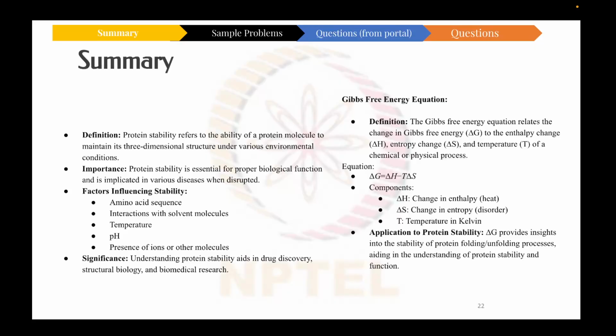protein-based drugs or therapeutics. Protein stability is determined by the complex interaction of various factors including protein structure, solvent environment, covalent modifications, chaperones and other proteins, ligand and substrate. Overall, the stability of a protein is a complex and dynamic property that is crucial for its function and biological activity.